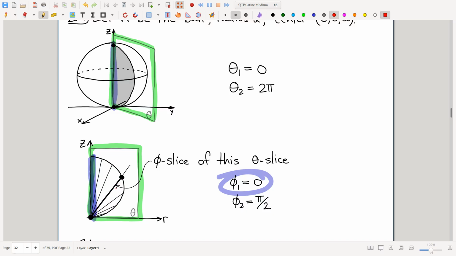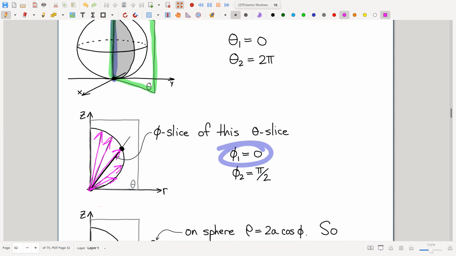These slices, you'll notice they get shorter and shorter and shorter until they finally just barely disappear there, where phi is pi over 2.